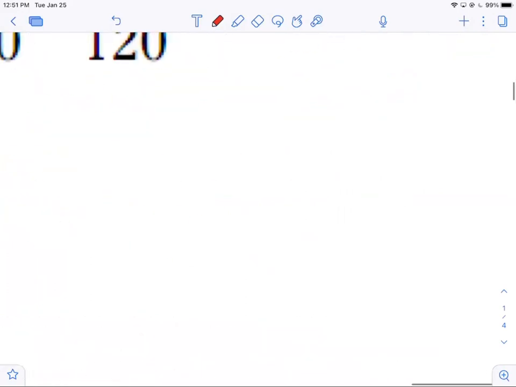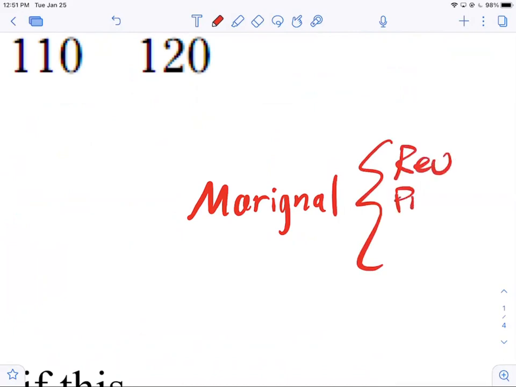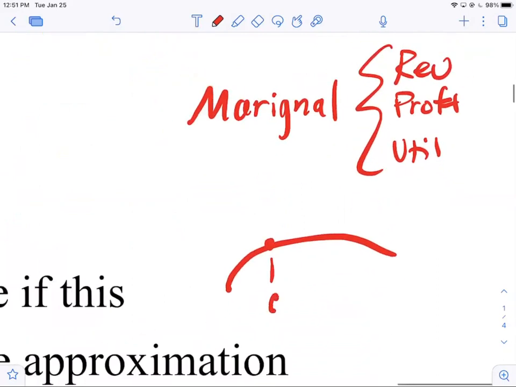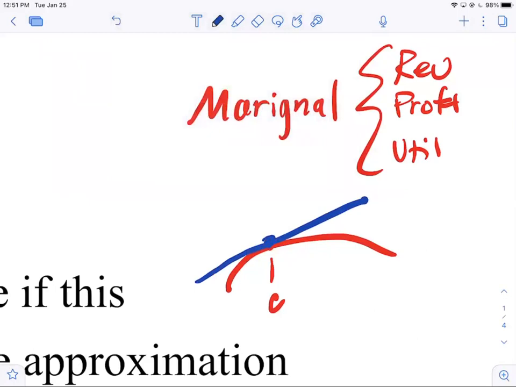In economics, when you hear the word marginal, whatever it could be, right? Marginal revenue, marginal profit, marginal utility, right? What marginal does is, you're at this current level of production, call it C. And you are using the tangent line to predict out, in economics, exactly 1 unit further, all right?